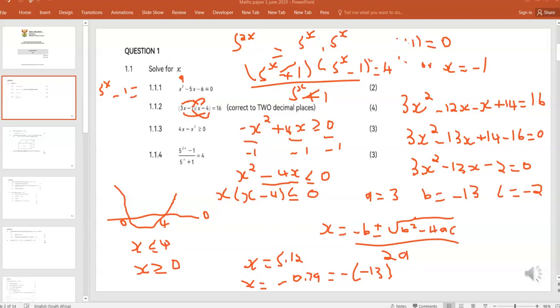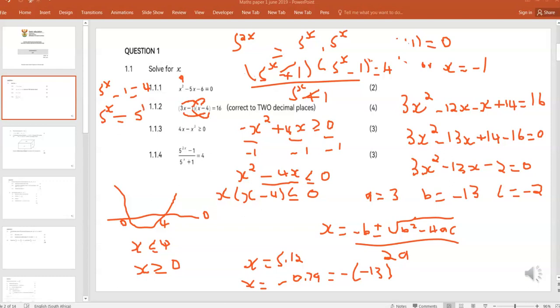Then from there onwards, remember, you always have the exponent one side and the number on the other side. So this will be 5 to the power of x is equal to 5, because 4 plus 1 is 5. Same base, same thing as having 5 to the power of 1.